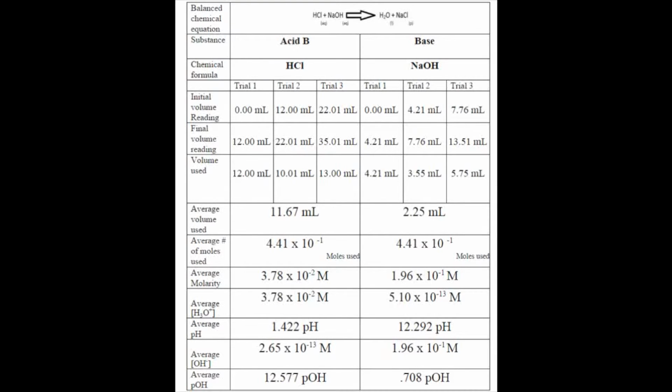To find the hydronium or hydroxide concentration, the constant of water was divided by either the hydronium or hydroxide concentration, which yielded the concentration that was not used in that equation. To find pH or pOH, the negative log of either the hydronium or hydroxide concentration yielded pH or pOH respectively.